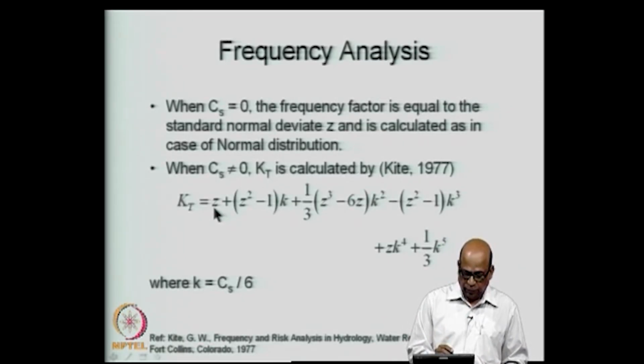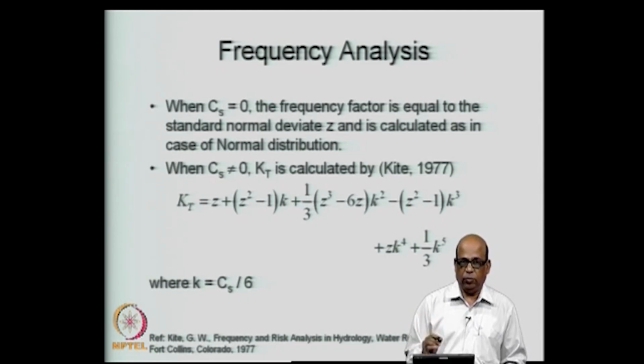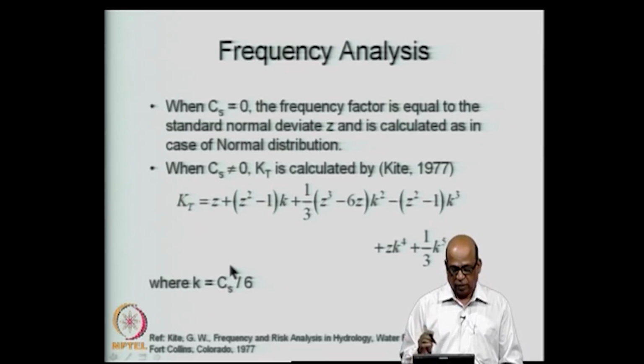So, you can obtain z because you know the return period T, and therefore the probability of x being greater than or equal to x T is known, and from that you can obtain z. And then you know C s, the coefficient of skewness which you have estimated from the sample data, and therefore, you can get k. Once k and z are known, you can obtain your frequency factor k T corresponding to that particular return period.